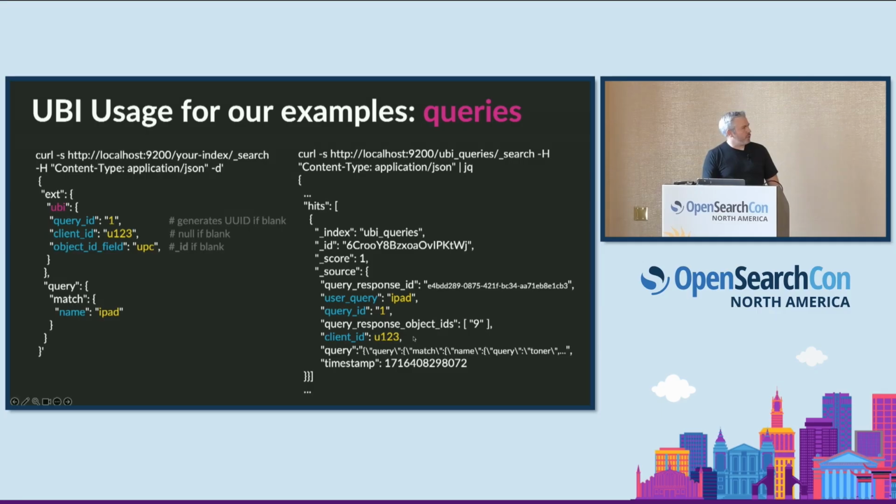As a query comes in, say someone searched for iPad, you can then attach UBI information associated with it, the query ID, client ID, objects that are being interacted with. You can log searches, you can log behaviors, if somebody adds to cart, purchases, those kinds of things, you can log all of those.